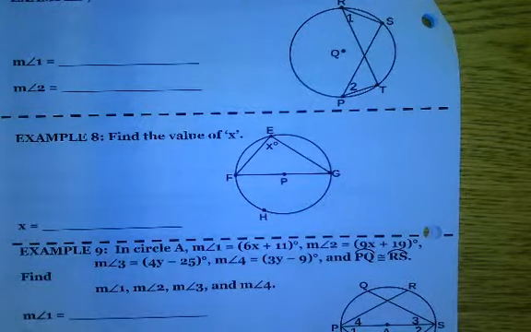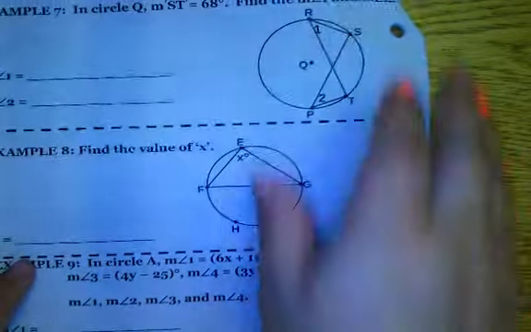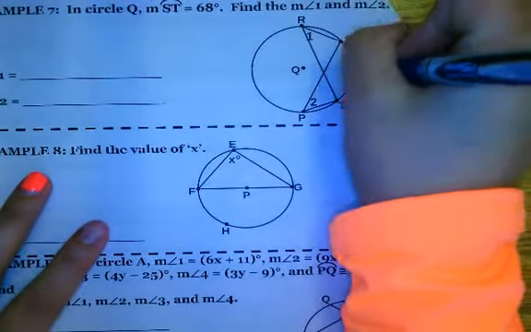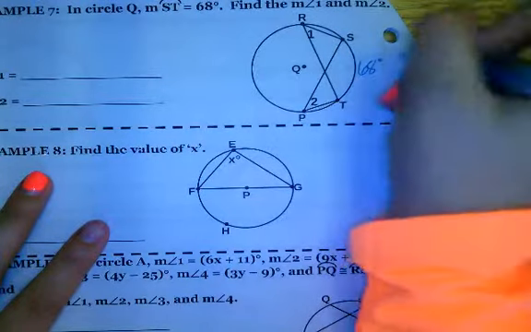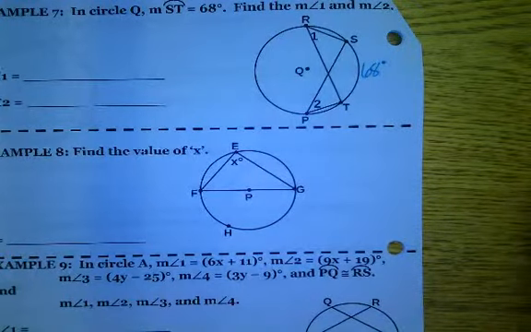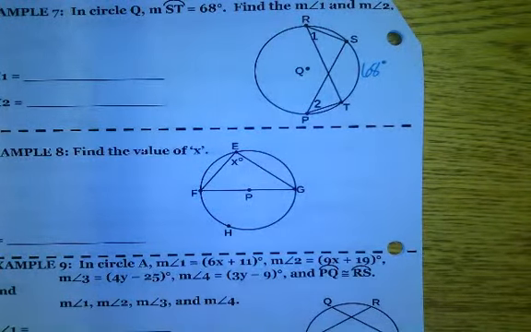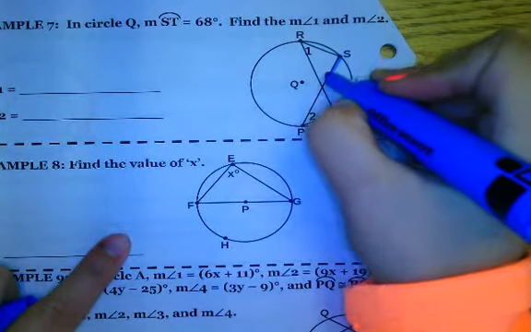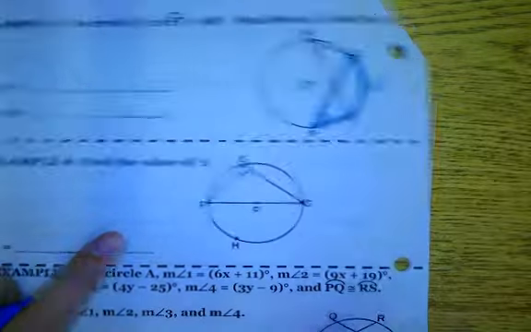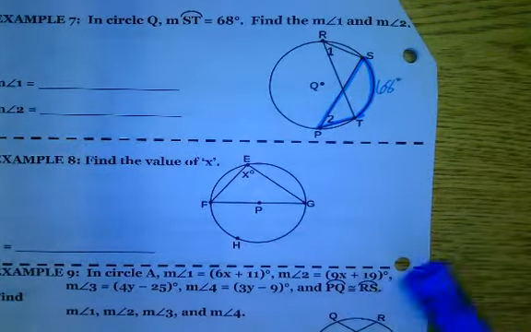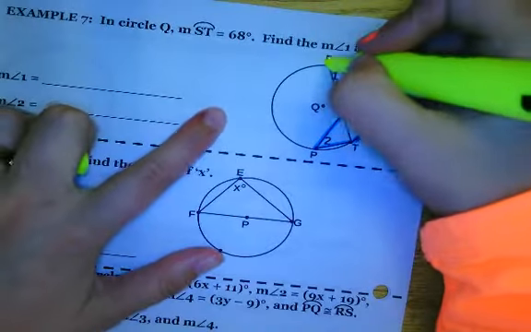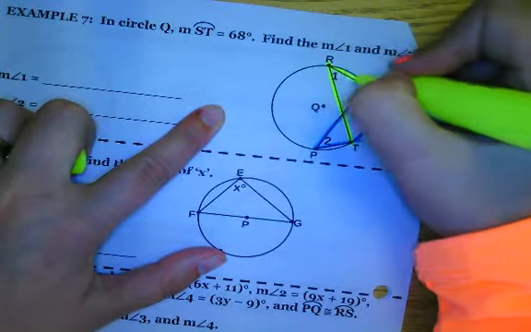In circle Q, the measure of arc ST is 68 degrees. Find the measure of angle 1 and angle 2. Notice that this is an inscribed angle right here, correct? And it's opening up to this arc. But angle 1 is also an inscribed angle, and it opens up to arc ST as well.